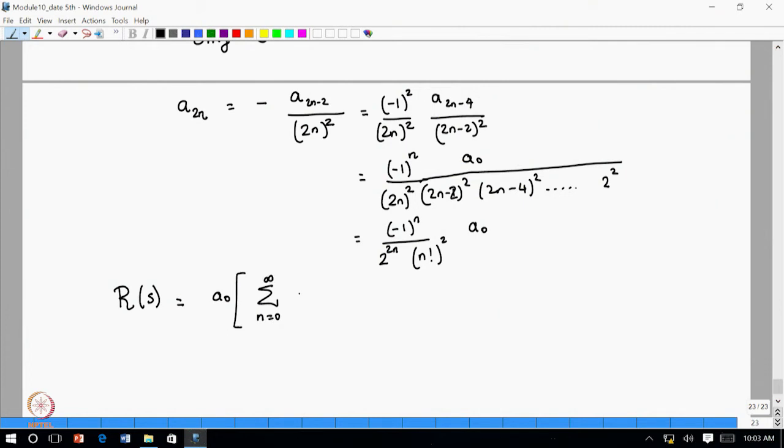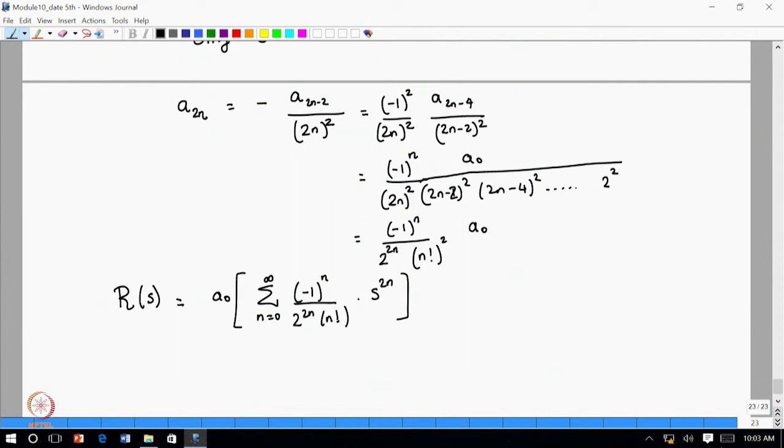So, 0 to infinity, minus 1 raised to n over 2 raised to 2n factorial. See, when n equal to 0, this whole thing becomes 1. So, it also works for n equal to 0, times s raised to 2n. So, this is what this series looks like.